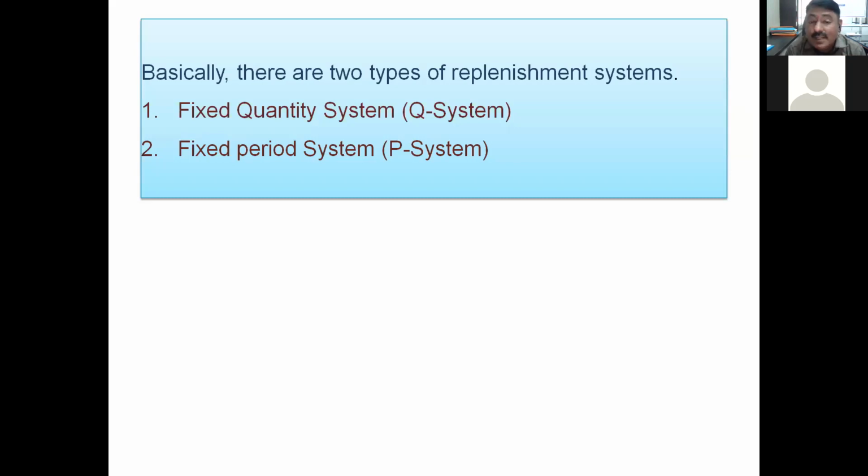There are basically two types of replenishment systems. One is the fixed quantity system and the second is the fixed period system. The fixed quantity system is the Q system, and the fixed period system is the P system. Already I have given some introduction about this fixed quantity and fixed period, but once again we will have a discussion on this.